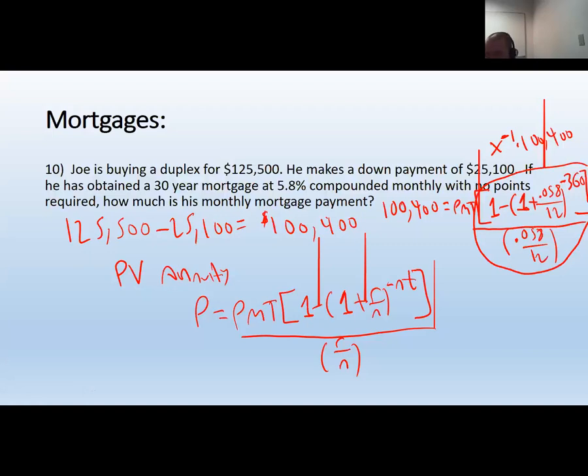When we do all that, we get a certain number, which then you press your reciprocal button, your x to the negative first power button, and multiply that by 100,400. And when you do all that, you end up with a monthly payment of $589.10. Okay, so does anybody have any questions?